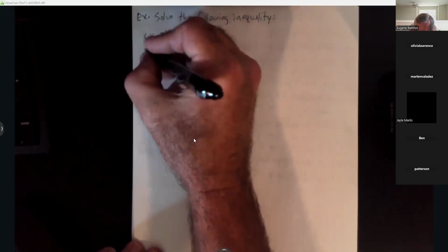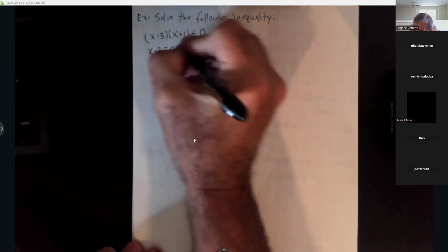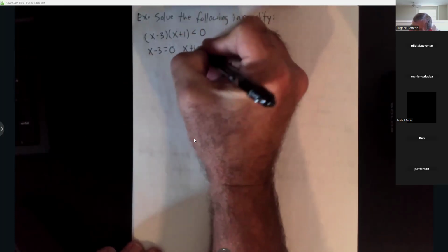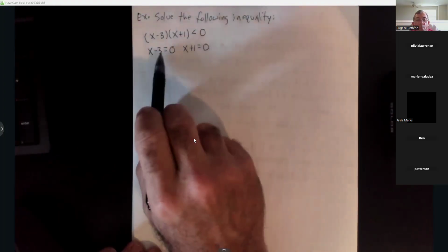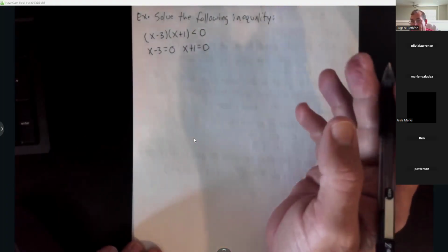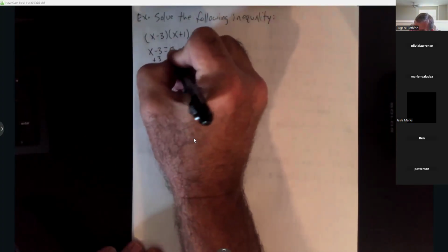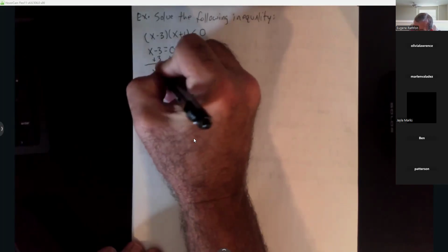So what I'm going to do is take each of the factors and set them equal to 0. So I know this is less than, but we're going to use equals when we solve it. And then we'll play with that when we sort of write our intervals, okay? So for this one, add 3.